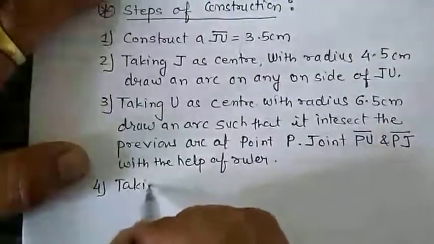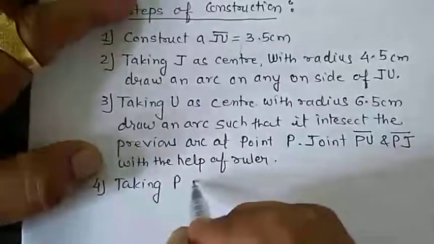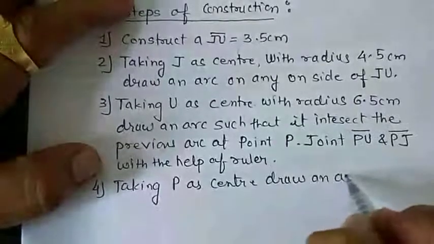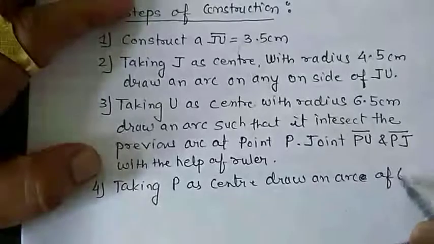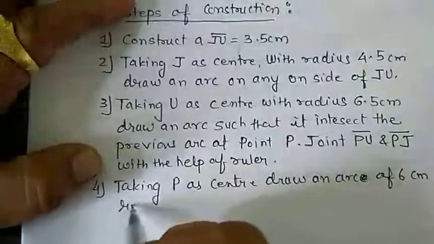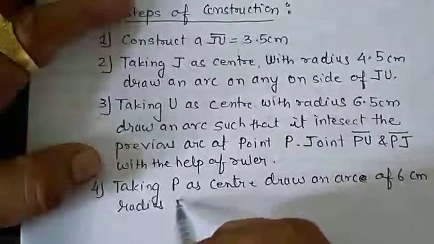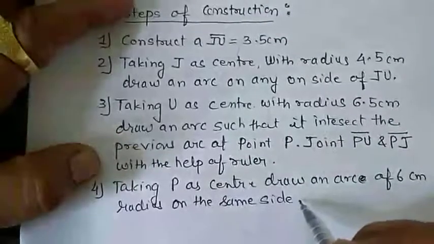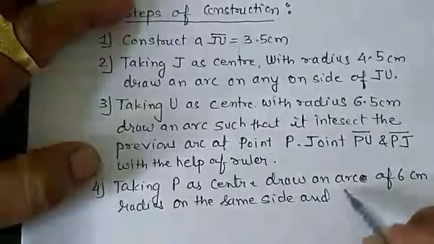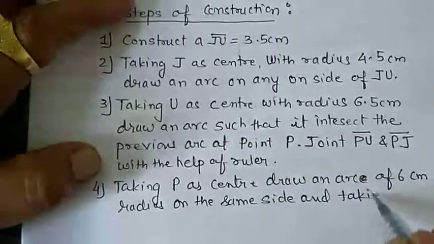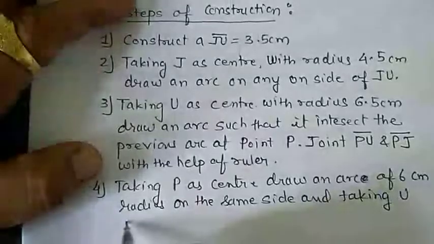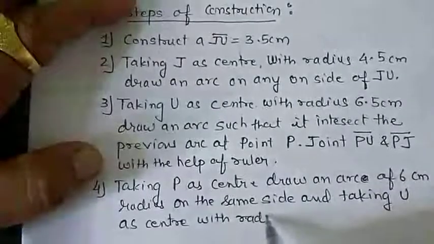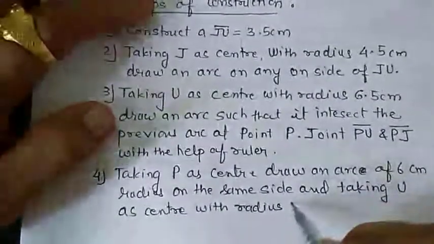So taking P as center, draw an arc of 5 centimeter radius on the same side, otherwise it will go below, so same side we have to say, and taking U as center with radius, how much radius? 4 centimeter.